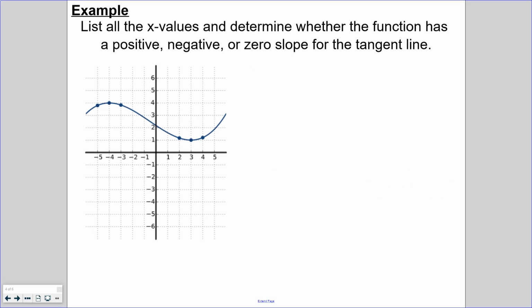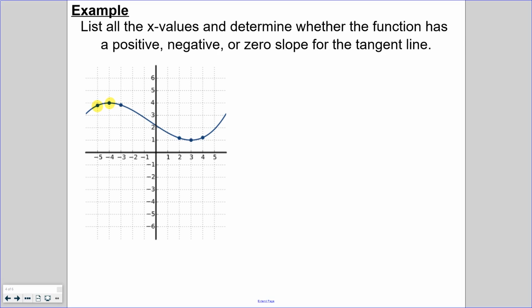In this first example, we want to list all the x values and determine whether the function has a positive, a negative, or a 0 slope for that tangent line. Now we can see that there are 6 points identified on this particular graph.